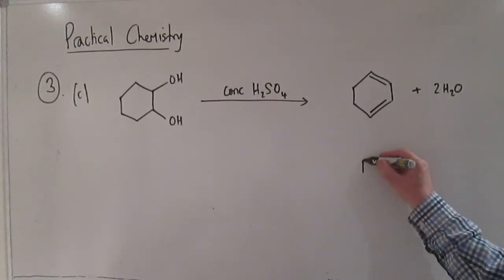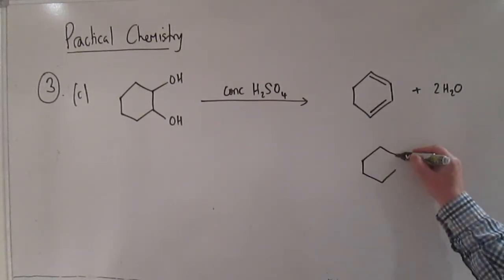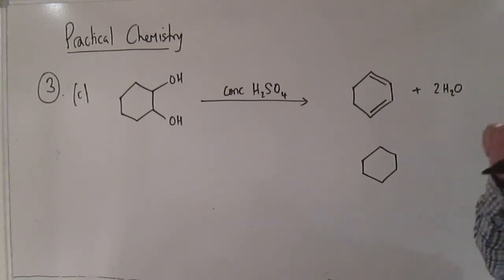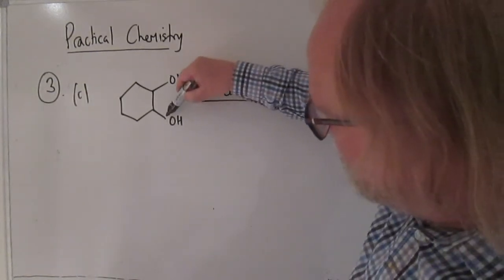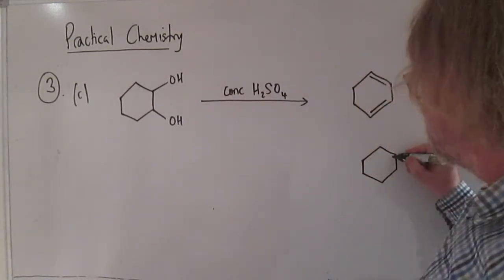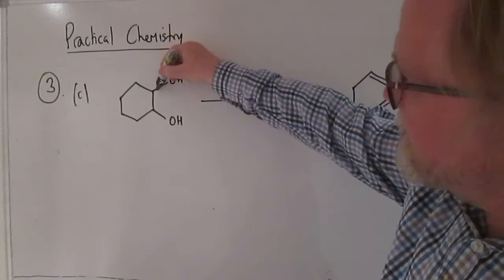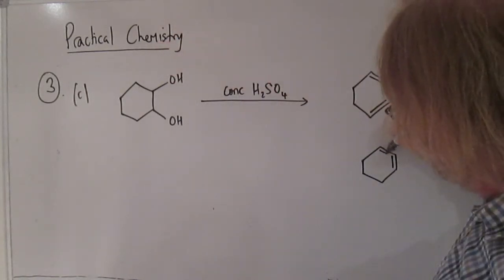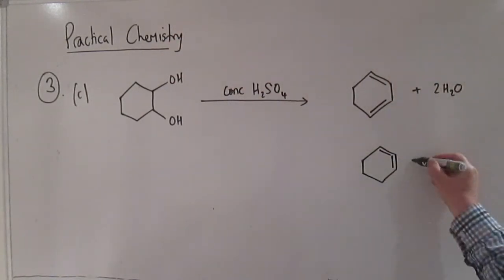Some people proposed this, which in principle looks like it could work, because you could take away the OH from here and this hydrogen, because of course there's a hydrogen there, get a double bond there, and then this OH and that hydrogen and get one here. Again, plus two waters.